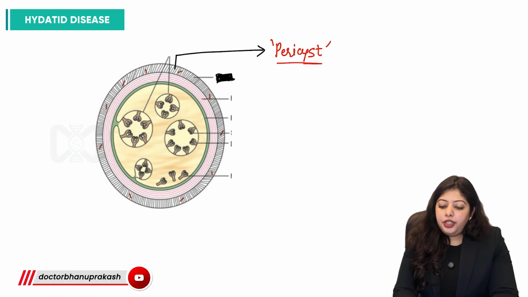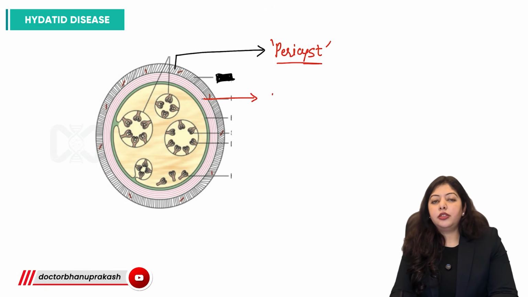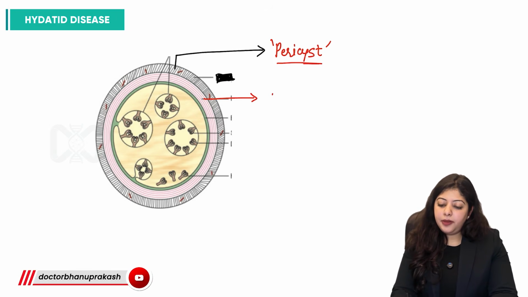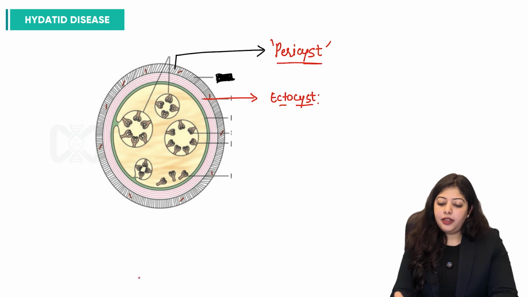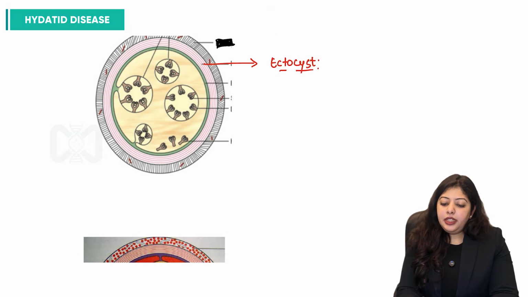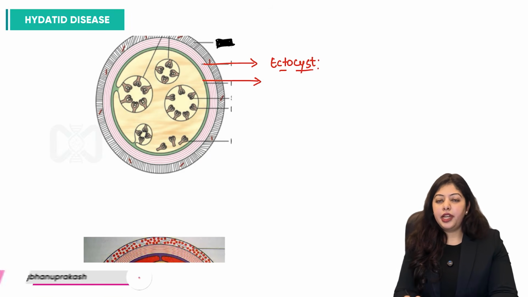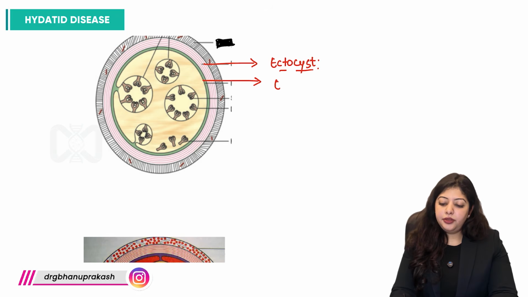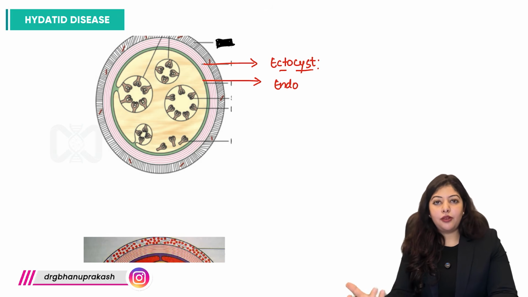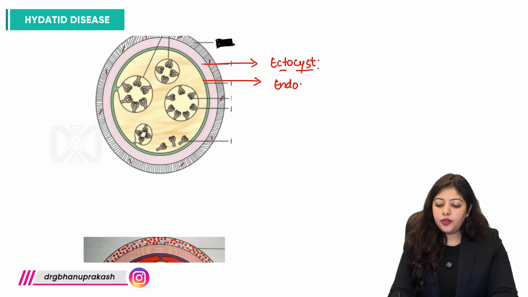The layer underneath the pericyst is known as the ectocyst, right? The green colored layer here is known as the endocyst. Ecto means outside, endo means inside. So it is definitely going to be inside.